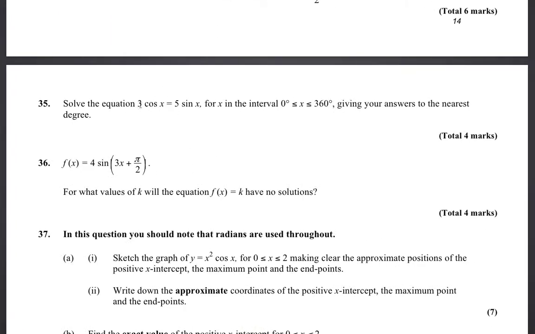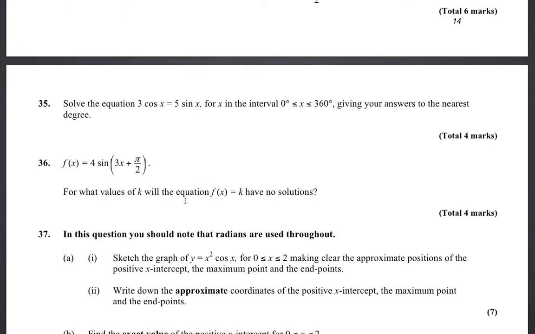Graph. So I'll take this 3 cos x as y1 and 5 sin x as y2. So 3 cos x and 5 sin x. They are given between 0 and 360 degrees.